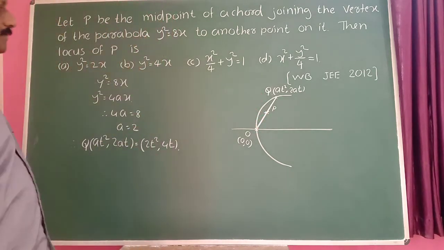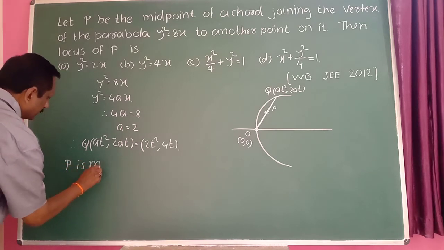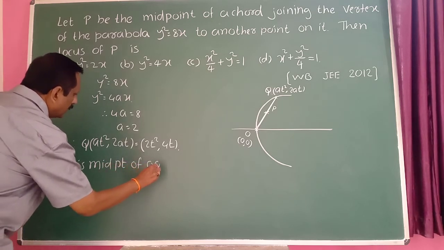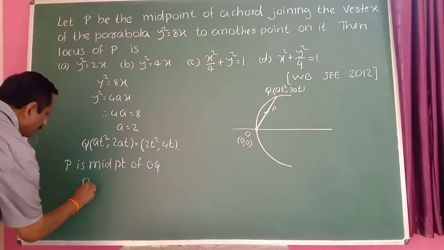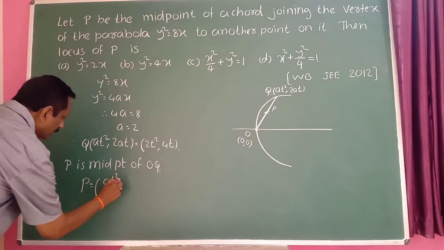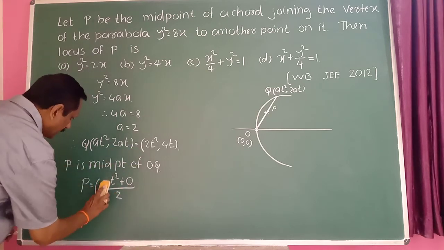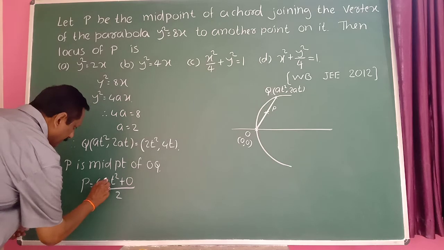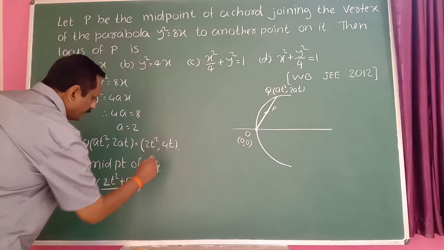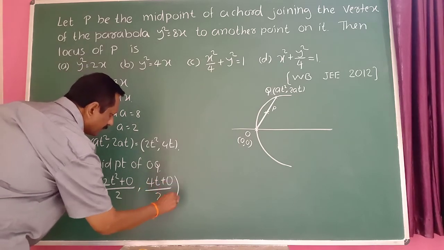Here P is the midpoint of OQ. Hence the coordinate of point P is given by (2t² plus 0) divided by 2 here, and (4t plus 0) divided by 2 here.